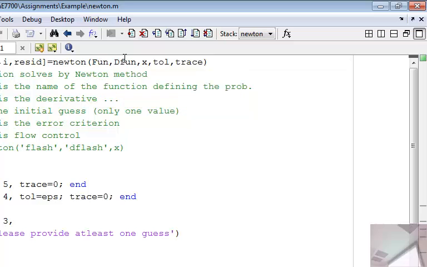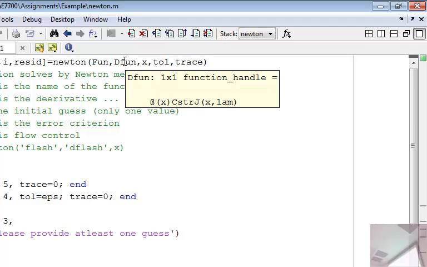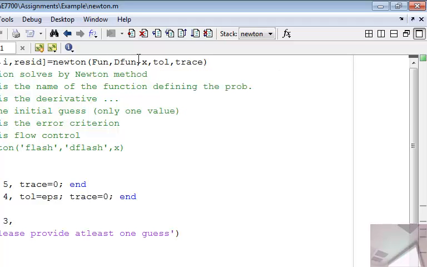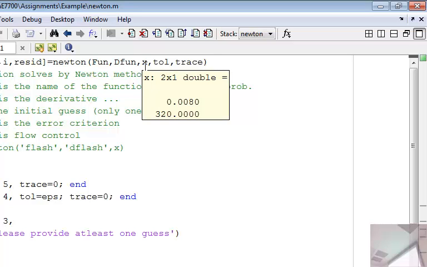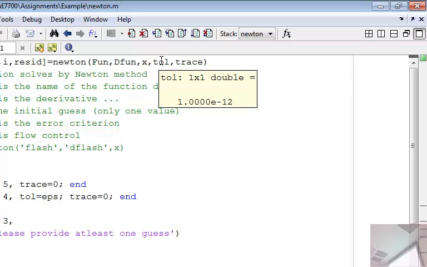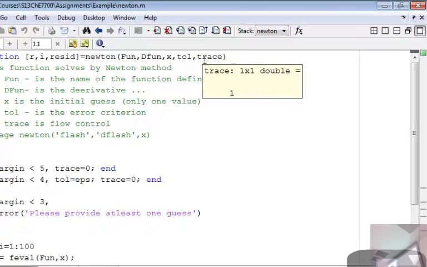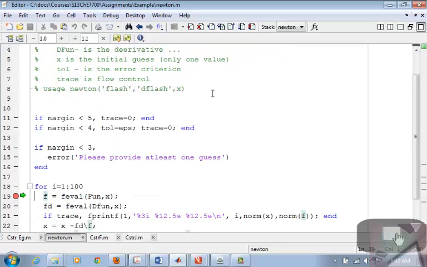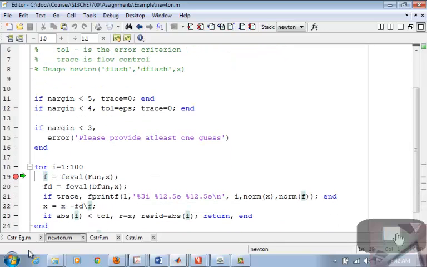If you take the cursor near the FUN, it says what is the pointer there. If you take the cursor near X, it tells you what are the initial guesses that are coming into this function. And I did specify 10 to the minus 12 as the tolerance. So it has executed all these lines, and here it's indicating by green that it has stopped there.